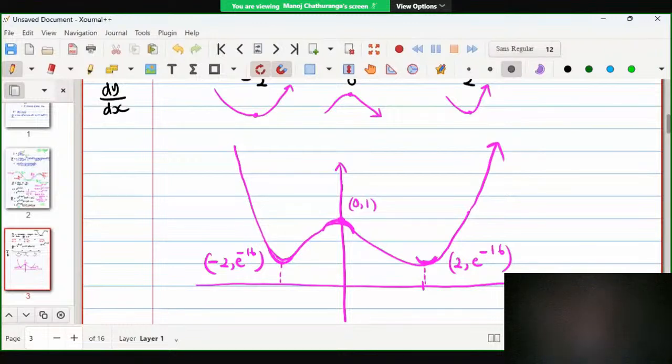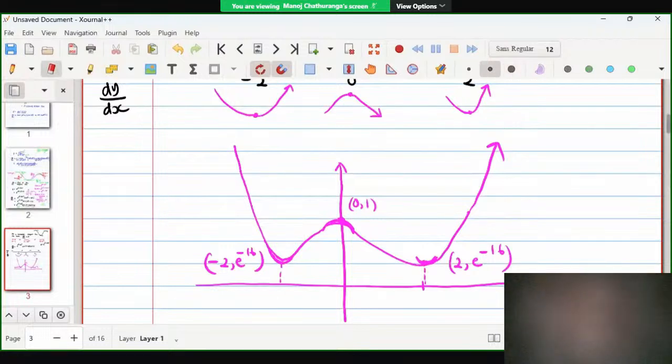It goes something like this. My picture doesn't look like a graph of a symmetric function, but it is symmetric. I'm very bad at drawing stuff, but this must be a graph of a symmetric function. Let me try to correct it.